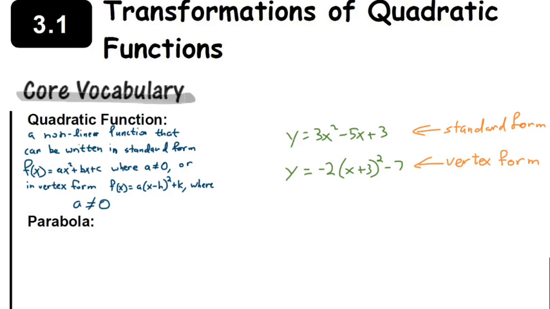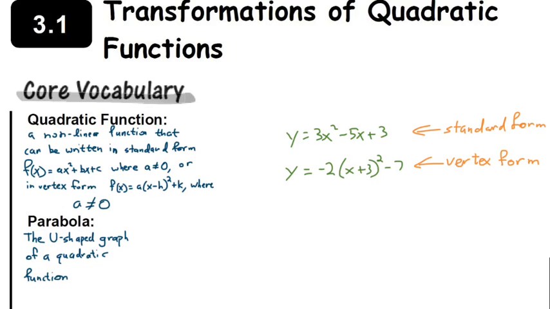A parabola is the U-shaped graph of a quadratic function.